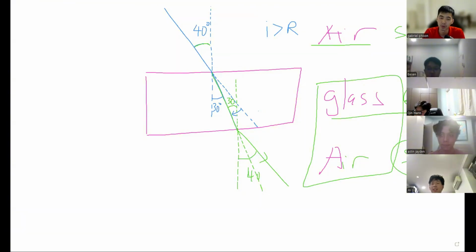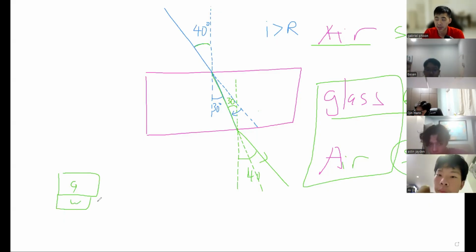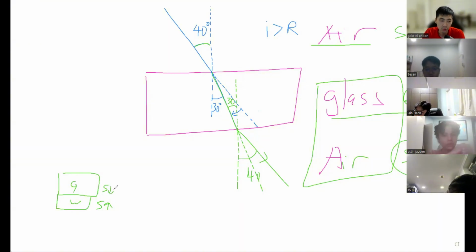It depends on the material also. So let's say, for example, a different scenario, I've got glass and then I've got water here. Right. First things first, I need to figure out where the speed is faster. Is it in glass or water? In most cases, it'll be water, unless specified differently. So in this scenario, if the glass has a slower speed and water has a higher speed, it's going to bend away from the normal also.